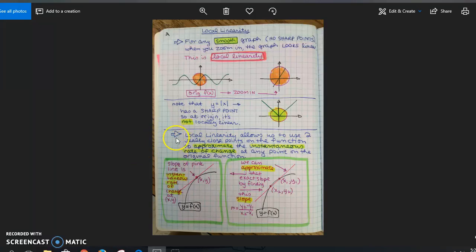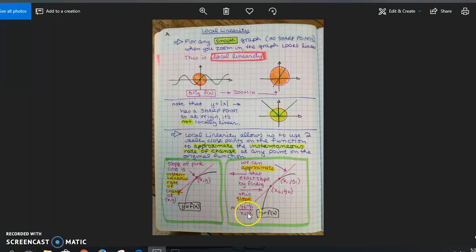As I just said, and I want you to have in your notes, local linearity allows us to use two really close points on any function, and then we can approximate the instantaneous rate of change at any point in the original function. Sometimes in real life, you can't actually get the exact value that you want, so you need an approximation.